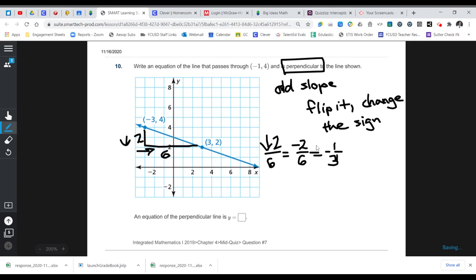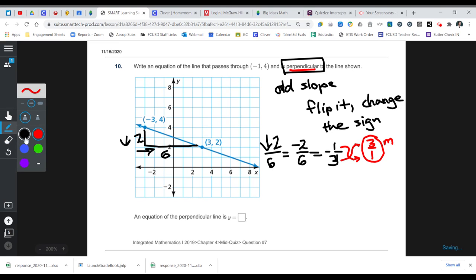Now what I need is the perpendicular slope. So the slope that's perpendicular is going to be in red. That means I flip over the numbers, which is 3 over 1, and I change the sign. It was negative, now it's positive. That's m, or the slope of the perpendicular line.